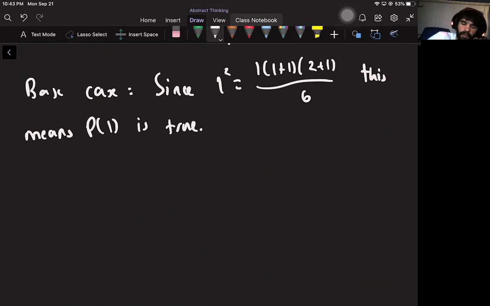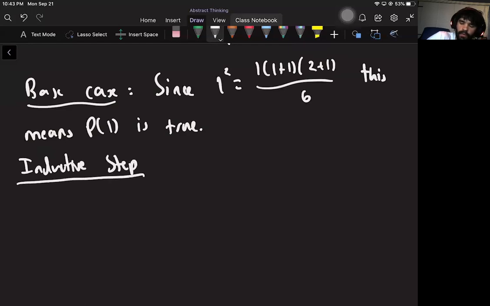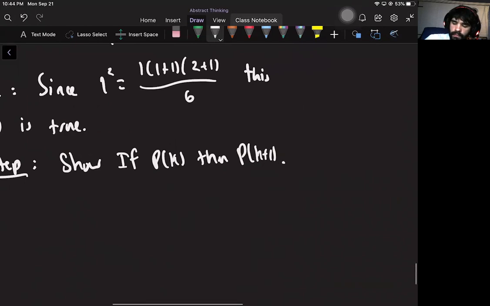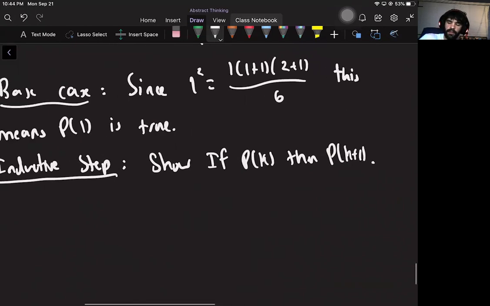So now we prove the inductive step, which we can write in shorter hand now. We're just going to say we want to show that if P of k is true, then P of k plus 1 is true as a result. That's what we're really doing. That's all we're doing in this step.